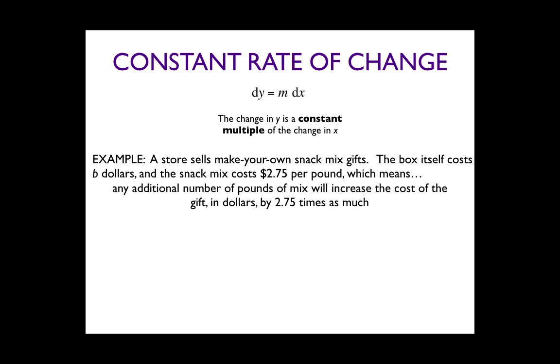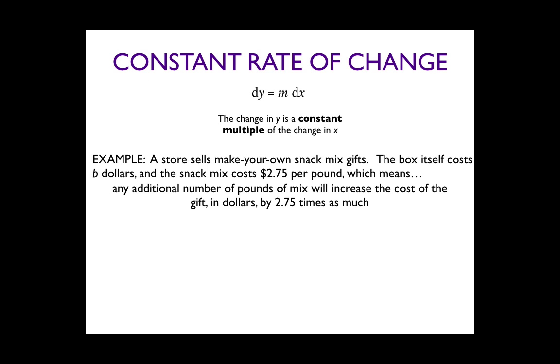Any additional number of pounds of snack mix I decide to get, take an extra scoop, ooh, I got an extra quarter pound. Well, that's going to cost me an extra 0.25 times $2.75, as opposed to what it would have if I'd taken it to the register beforehand. And I don't need to know what B is. That's the cost of the box. That's not changing.